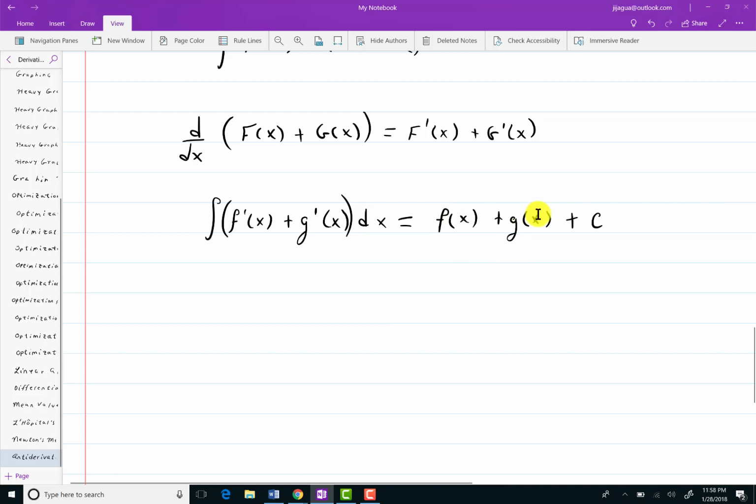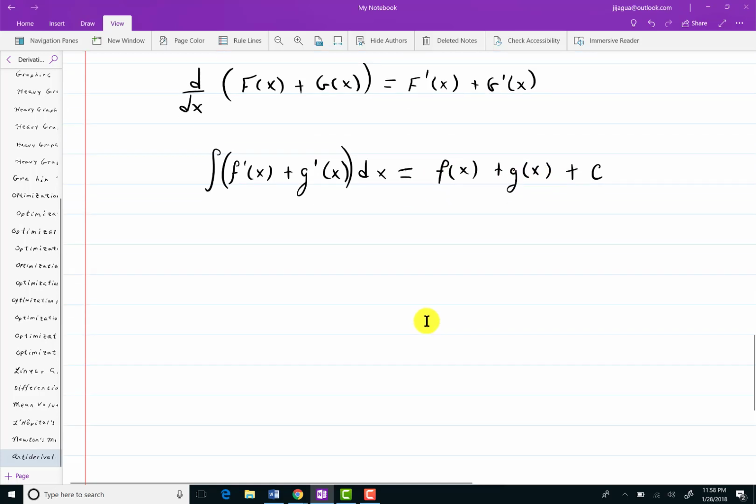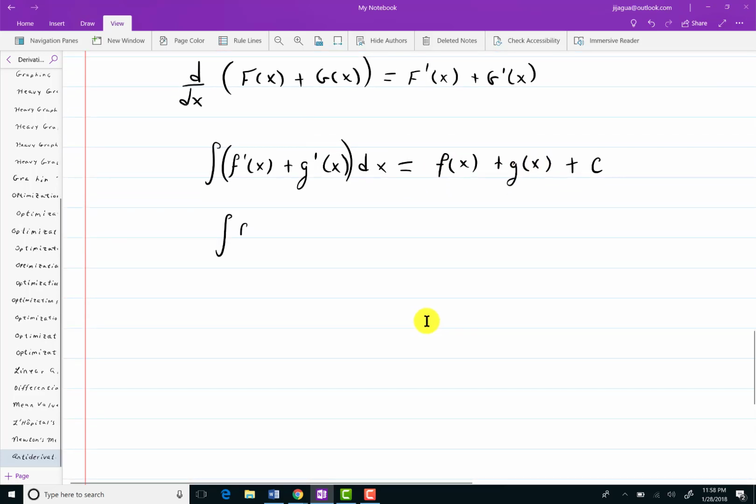So I can get f of x plus g of x plus c as if I had integrated them separately. Now, let me just show you what I'm talking about. If I integrate separately, the integral of f prime plus the integral of g prime, when you do the integral of f prime, you might want to say it's f of x plus a c, like c1.